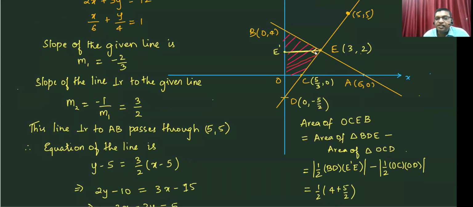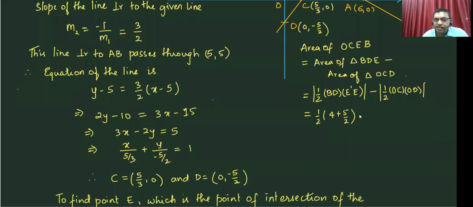And E dash E is 3 units, since the x coordinate of E is 3. So E dash E is 3, minus half OC is 5 upon 3 and OD is minus 5 by 2, but you need to take the modulus to avoid that minus sign.